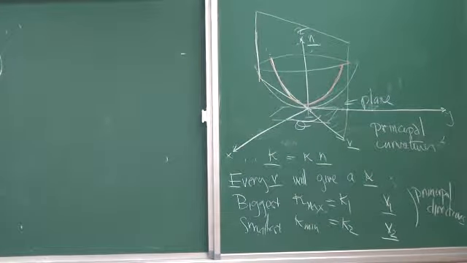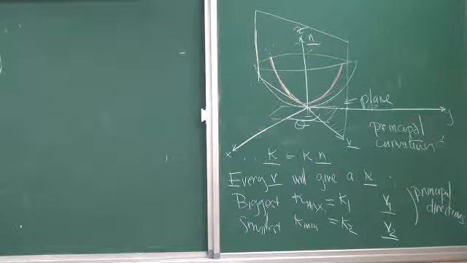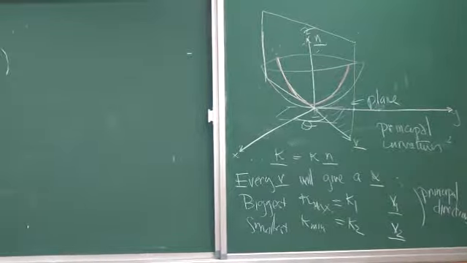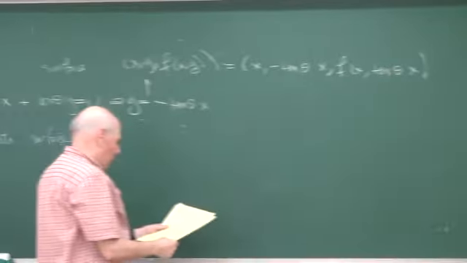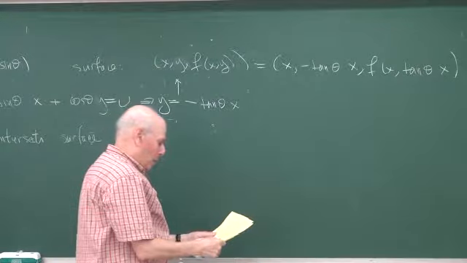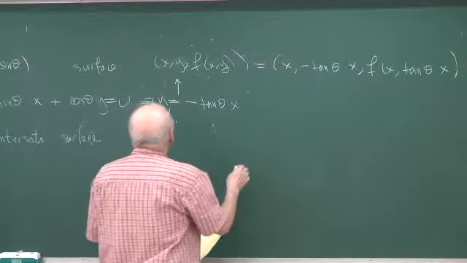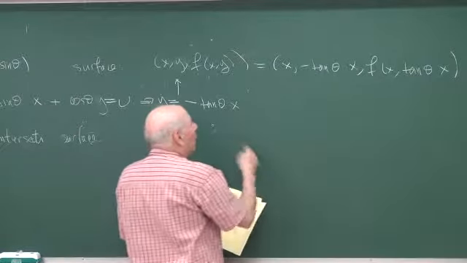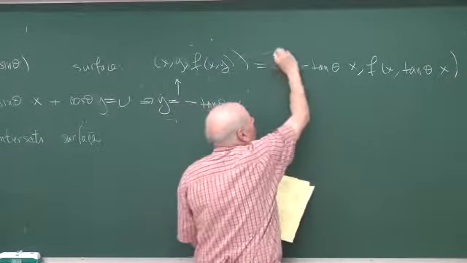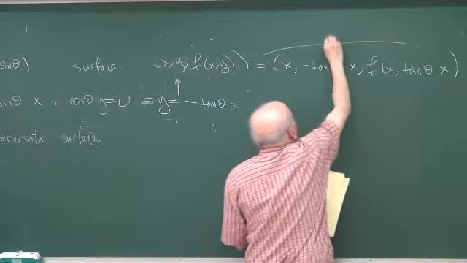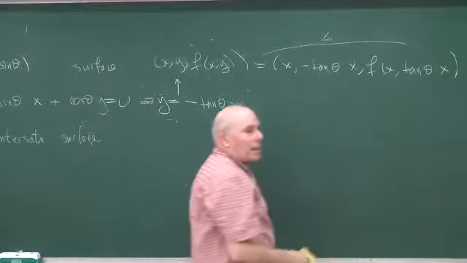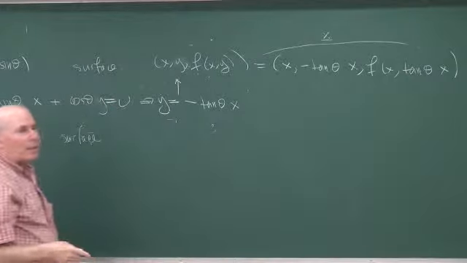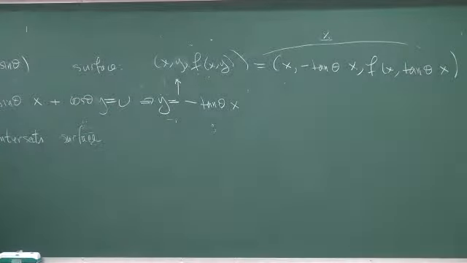I have to do a bit of a computation. I'll write it, and you can work it out if you want. Let's just do one. This is what I called before vector x, the point on the curve, and we had to differentiate it twice with respect to s.